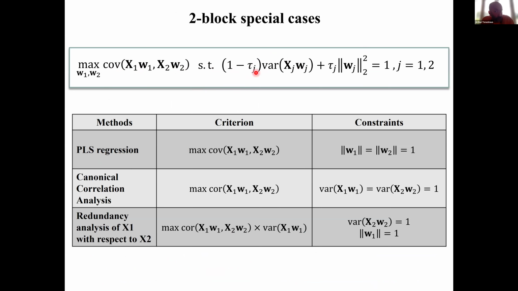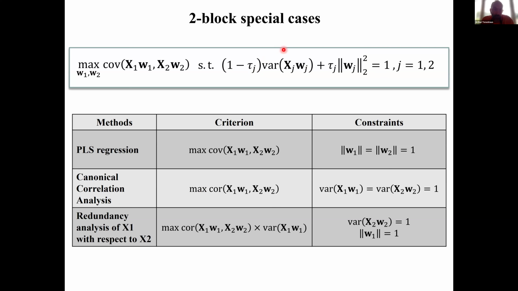When tau 1 is equal to 0 and tau 2 is equal to 0, then the variance of the component is equal to 1, and we are maximizing the correlation. And this is exactly canonical correlation analysis.